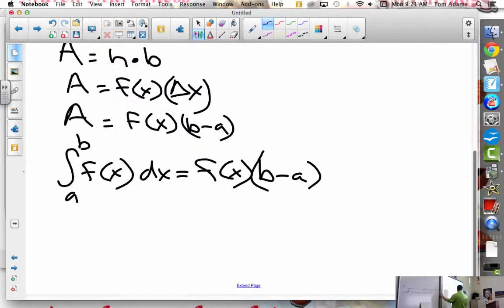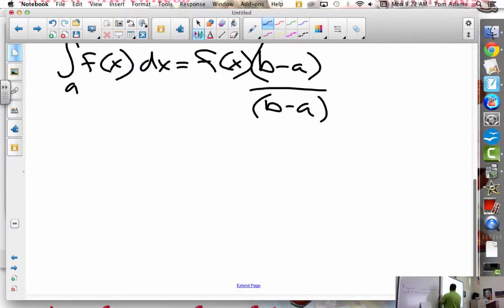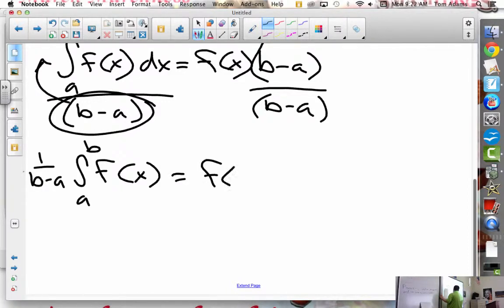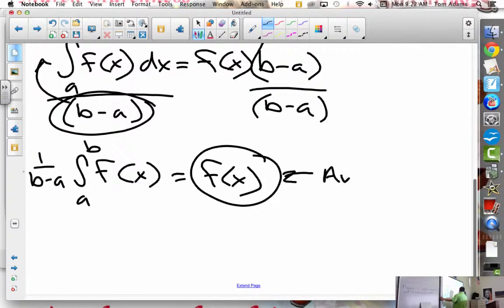Now, if I take both sides and divide by b minus a, what I really have is 1 over b minus a, and because this is a constant, it could be tossed to the front, times the integral of f of x from a to b, is equal to f of x, where this is really the average, right? It's not the exact. Does that make sense? You see how I get that?